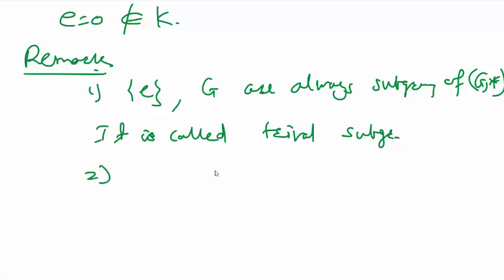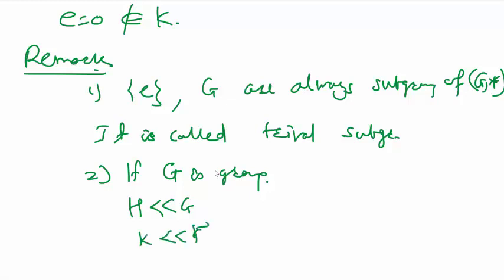Second is, if G is a group under binary star operation, H is a subgroup of G, K is a subgroup of H, this implies K is a subgroup of G also.